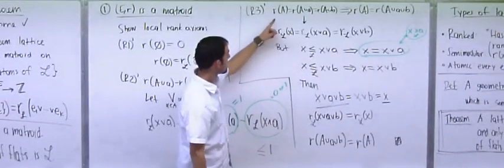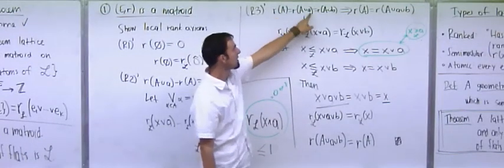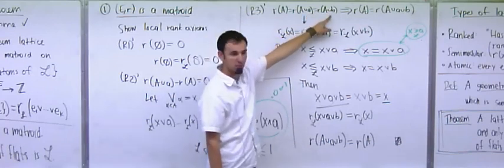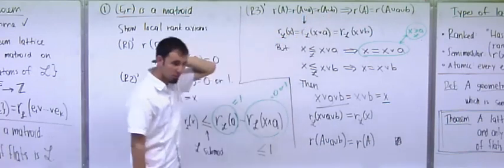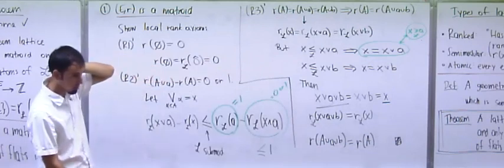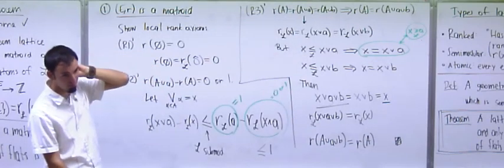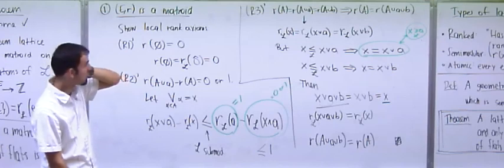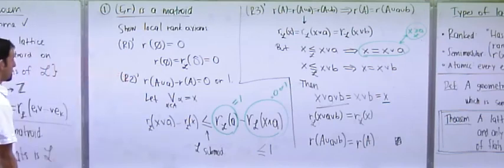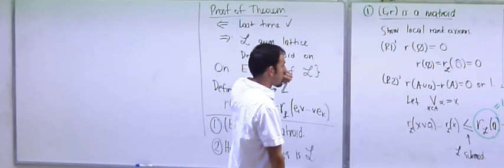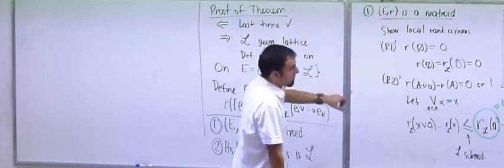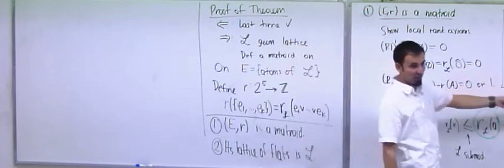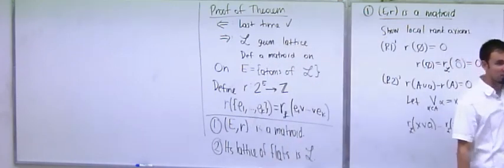Now, this means little a is in the closure of big A, and little b is in the closure of big A. Now, what Jameson is saying is that big A is a flat. Is that true? Is big A a flat? Yeah, it has to be, right? It was something on the lattice, and we showed that was a lattice of flats. What we haven't shown is that the lattice of flats of this matroid is equal to L. We need to do that part.